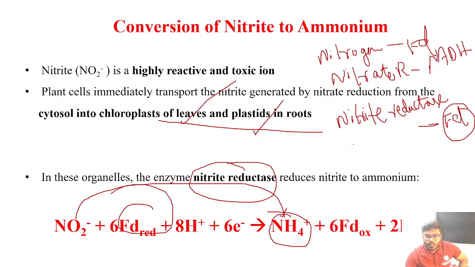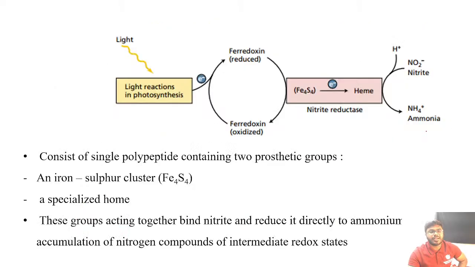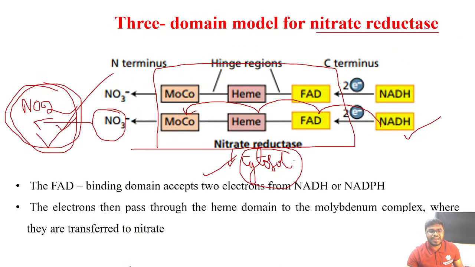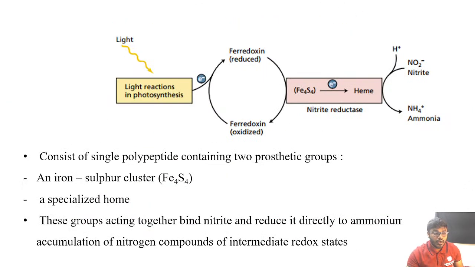Okay. Now what is the structure of nitrite reductase? Once again, everyone understand. Try to compare once again. What is the nitrogenase enzyme made up of? Iron sulfur redox center, molybdenum iron redox center. What is nitrate reductase made up of? FAD, heme, and molybdenum associated with an organic compound called pterin. Friends, when you look into the structure of nitrite reductase, it's a simplified structure.